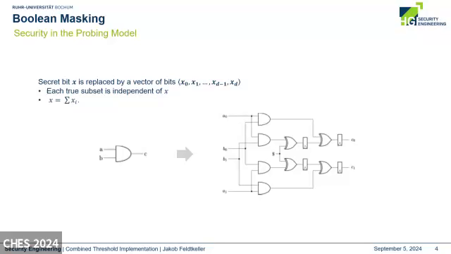And if we have the sum over all of them, then we know the secret and can recreate it. And then we don't perform computation over the secrets, but instead over the shares, in such a way that is hopefully probing secure.